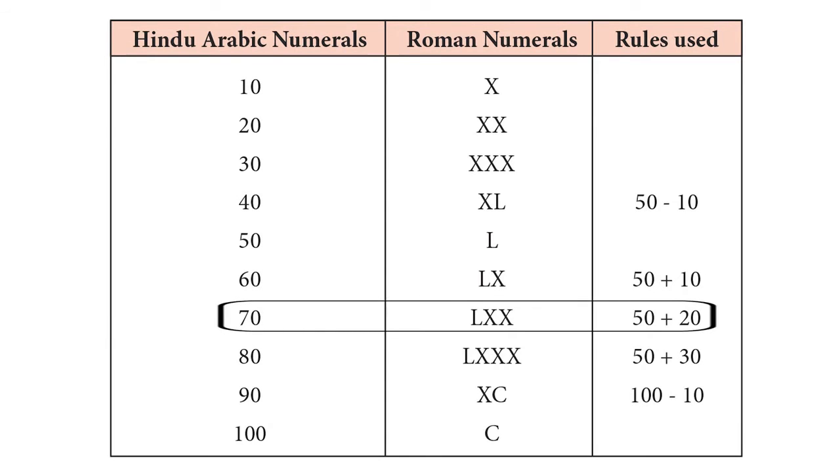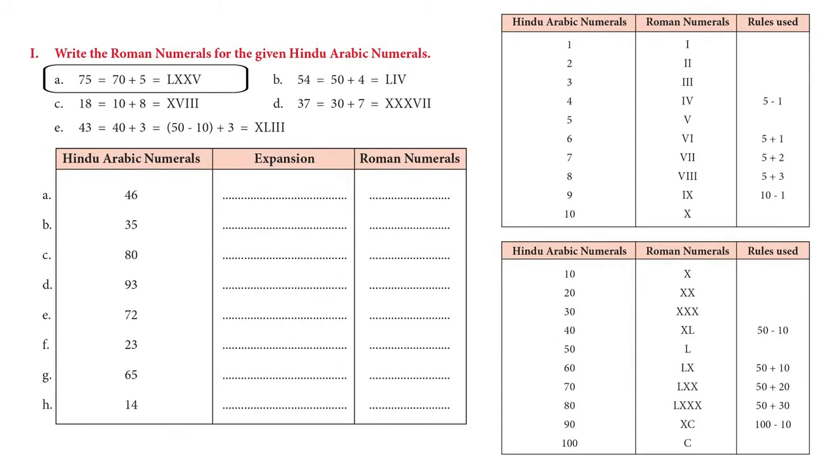LXX, that means 50 plus 10 plus 10. So, keeping that in mind, we will write 50 plus 10 plus 10, that is LXX, plus 5, that will make 75. Look at the rest of it. Those are the examples that I mentioned here. It will give you a clearer picture of how to write the Roman numerals.